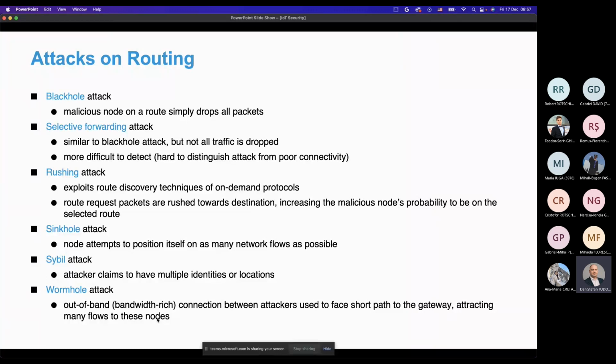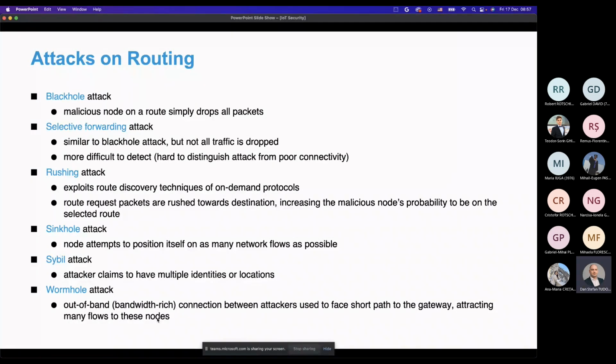So imagine you have a multi-hop network and data is routed through different paths in the network, and you have these attackers which actually pose as nodes in the network, and they can actually authenticate in the network and start forwarding messages. But instead of forwarding the messages, a malicious node can then simply drop all traffic that passes through it. So the traffic never reaches the destination.